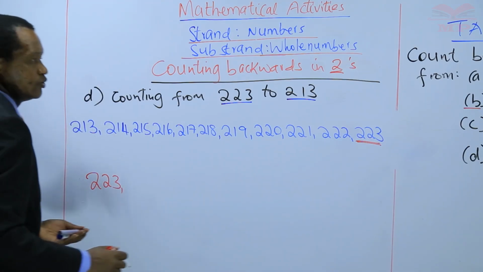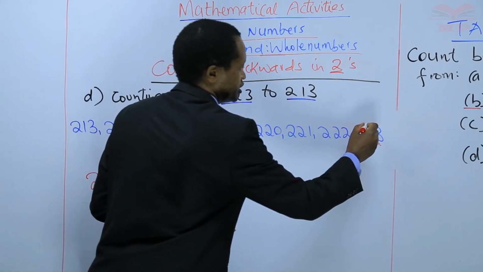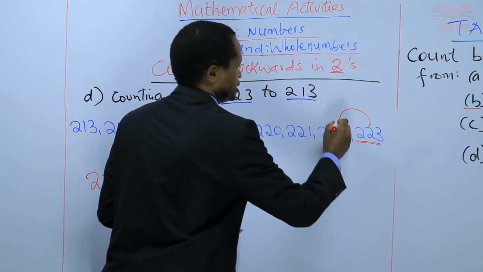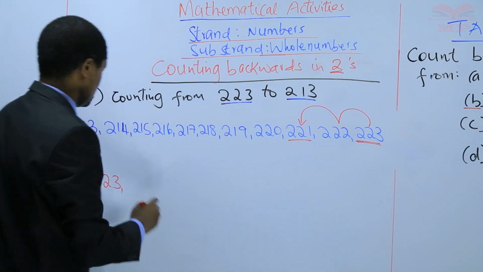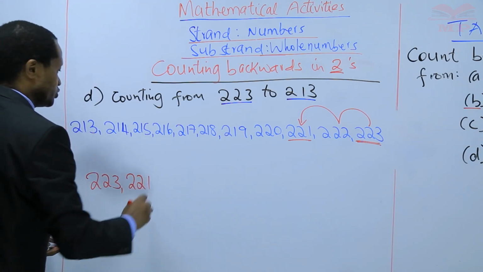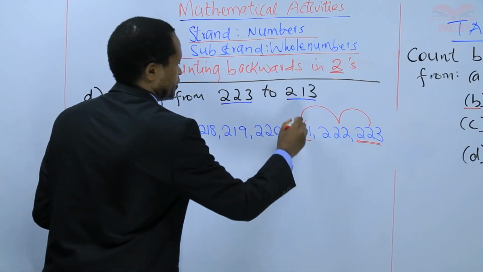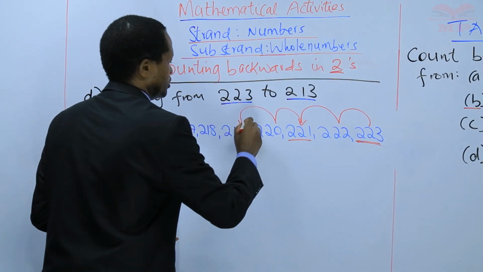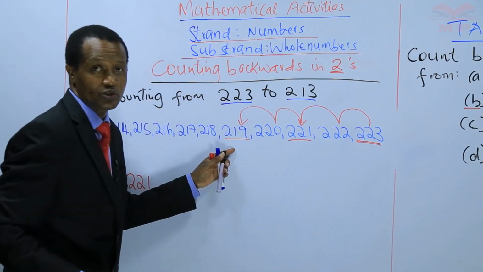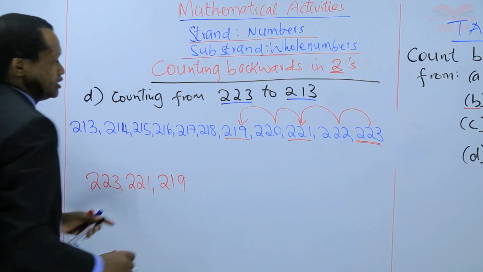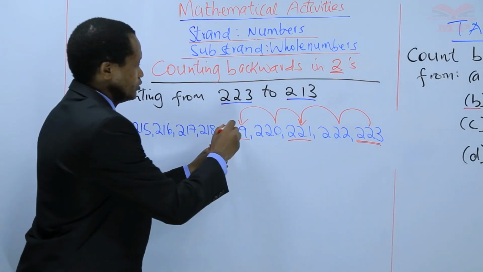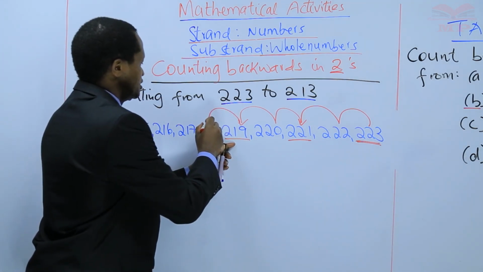223. We move backwards 2 times. 1, 2. This number is 221. Next we have 1, 2. What is this number? This number is 219. We write 219. Next, learners, we move 2 times. 1, 2.